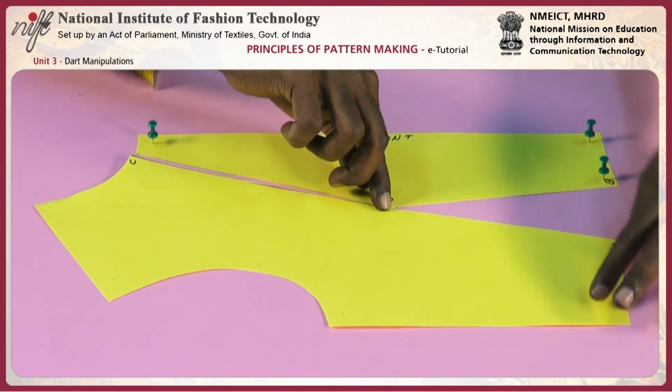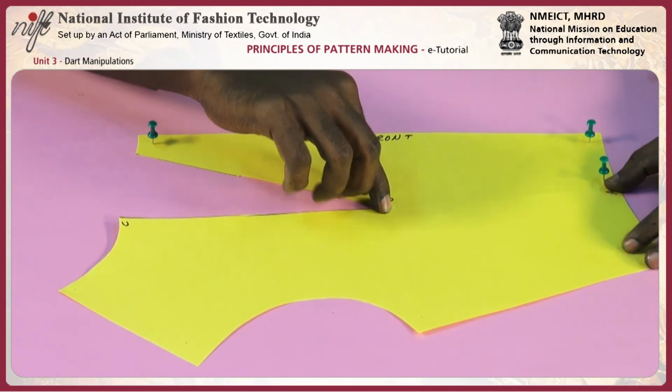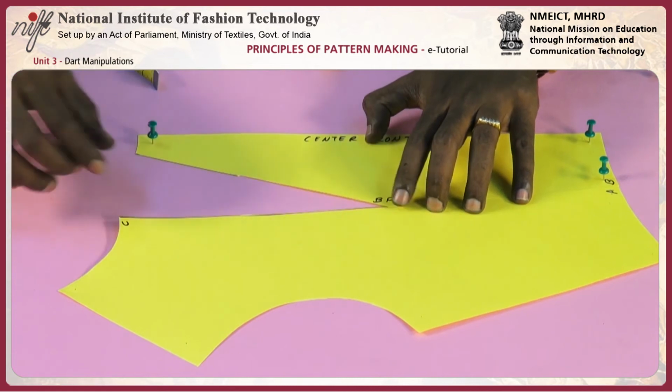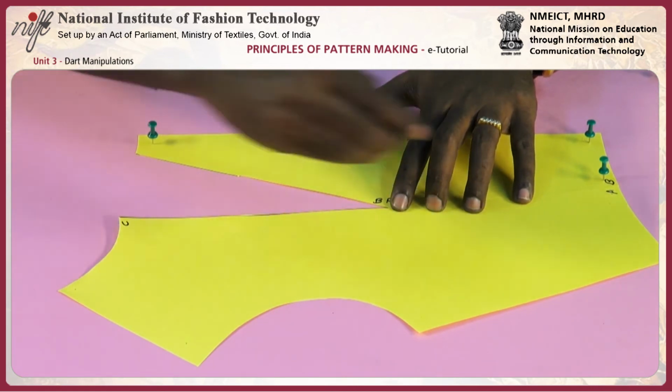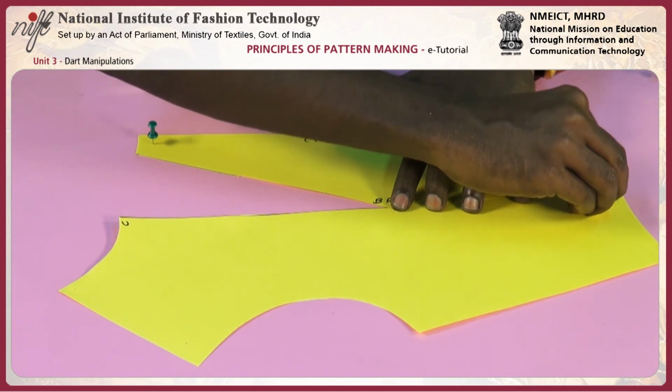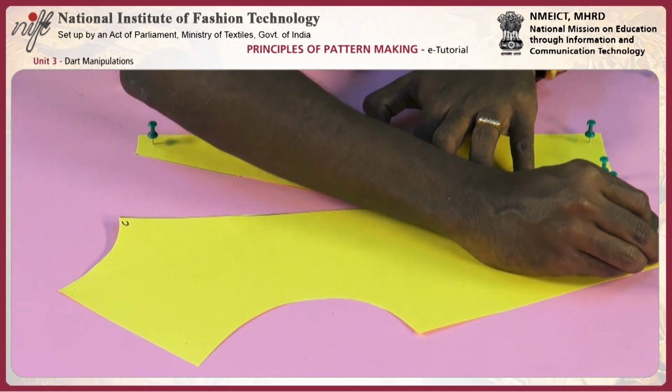Then close A to B, so that C will open and make neckline dot. Pin it securely.